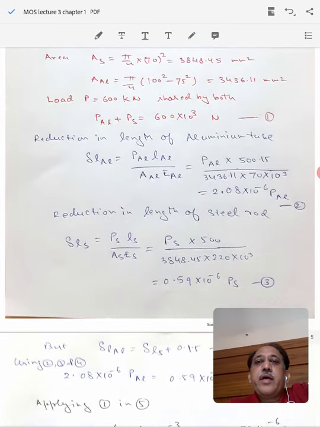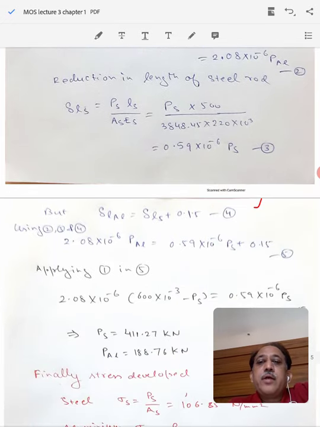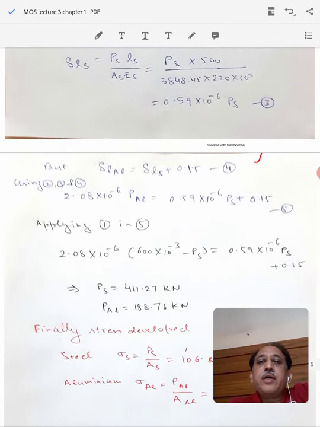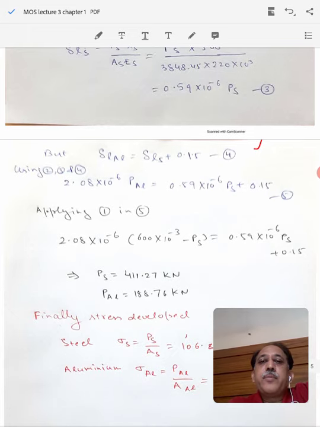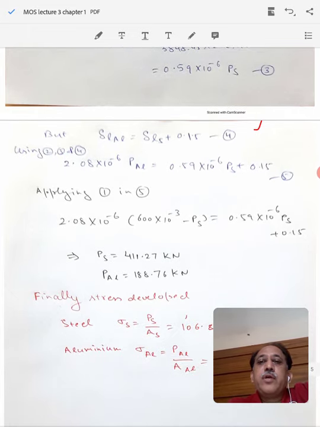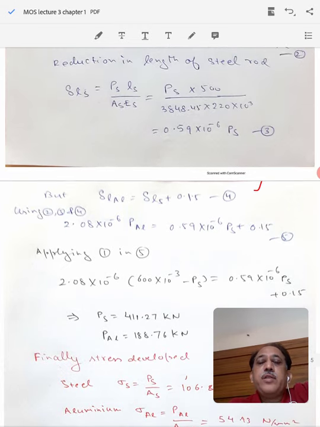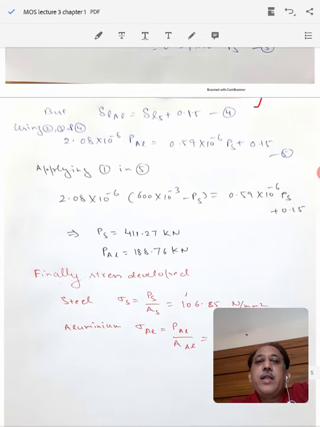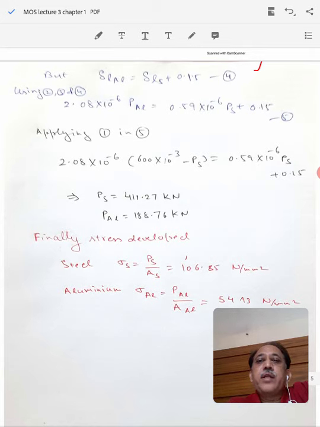One equation we already have, this is equation 1. The second equation we have obtained using the deformation knowledge that we have, which is equation 5. So using equations 1 and 5, there are two algebraic equations and two unknowns, P_AL and P_S. We can calculate the values of P_S and P_AL.